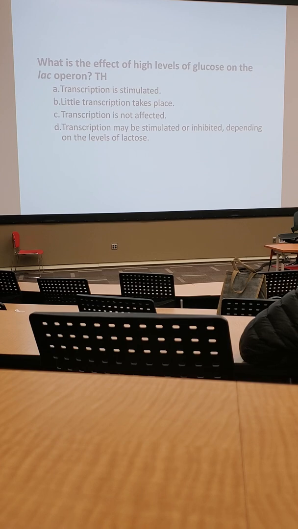So B is little transcription taking place, and D is that we don't really know because we need to know about lactose.